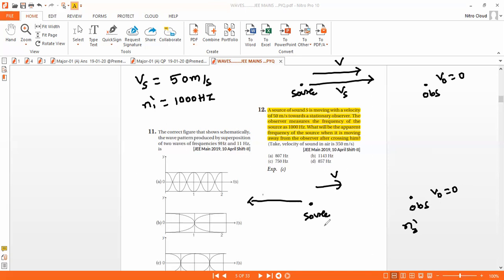Firstly, whenever it is moving towards, I can write the formula as n dash equal to n times v minus vs by v minus v naught.